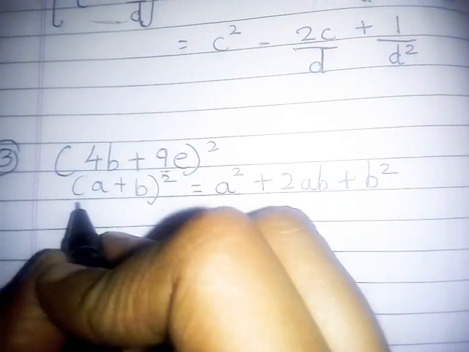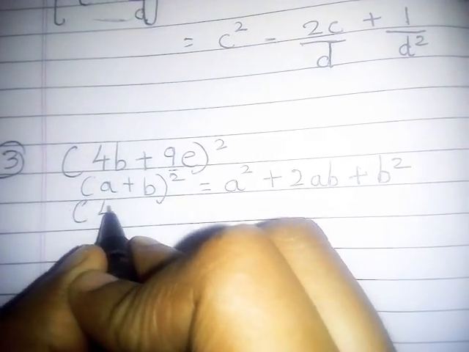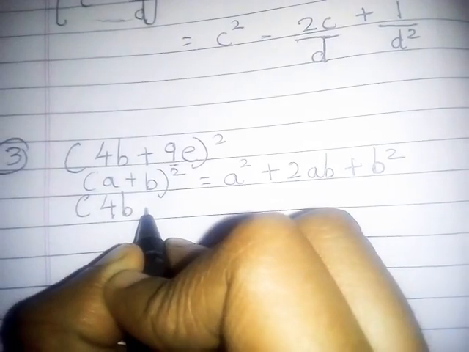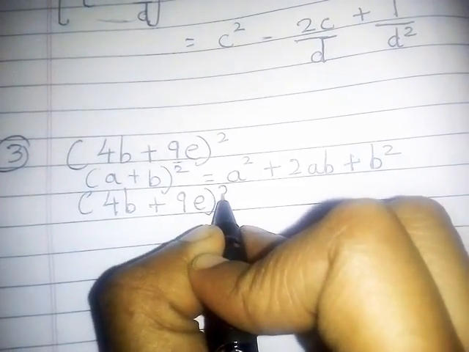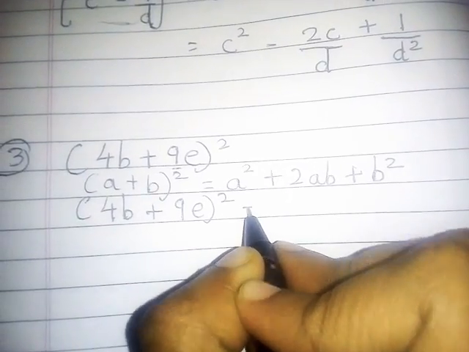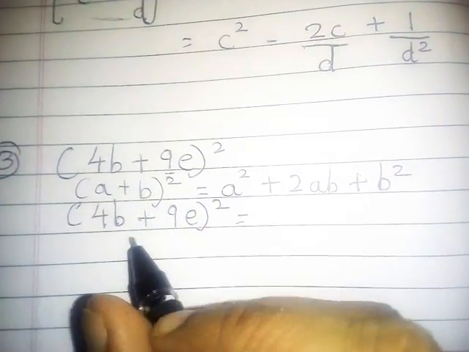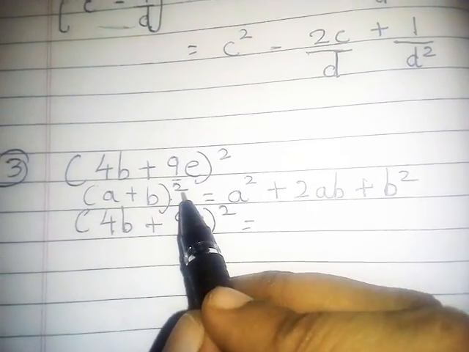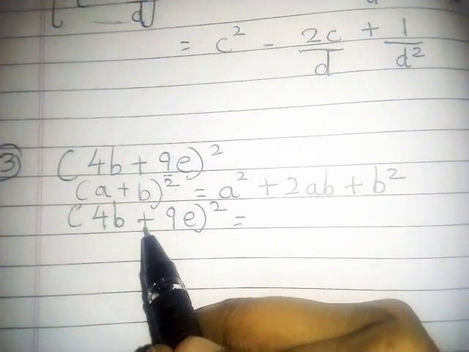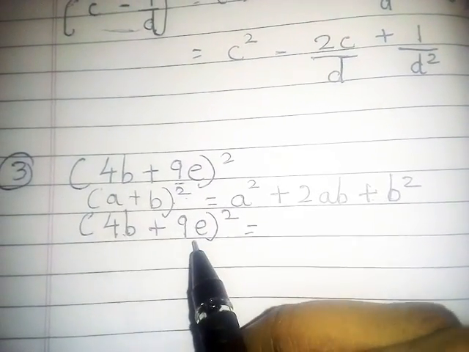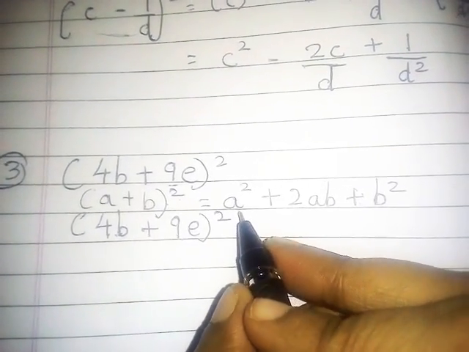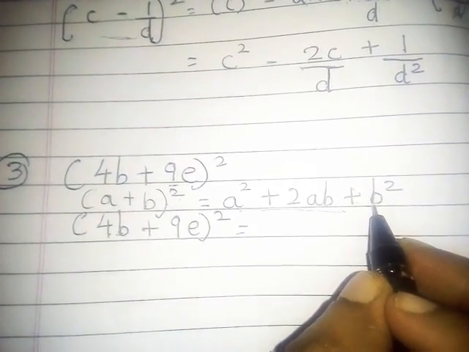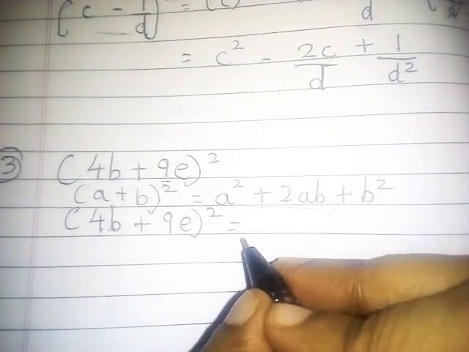The question: write it again. (4b + 9e) the whole square. Now the (a + b)² formula, what is there here? 4b is in a's place, 9e is in b's place. So you have to write in this form, a² + 2ab + b², in the given question.